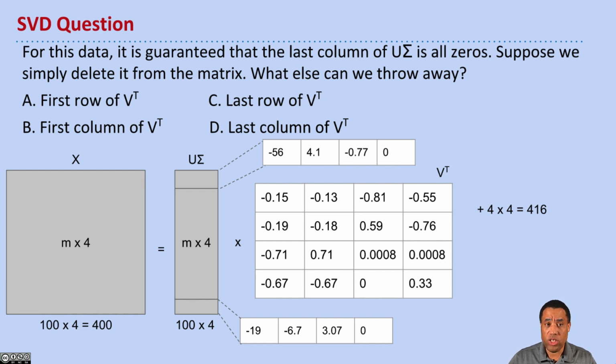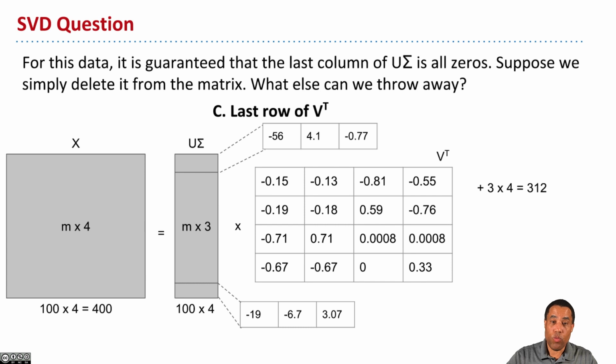So think about it. Which of those might we want to get rid of if we're going to drop the last column of U sigma? Well, we can throw away the last row of V transform.